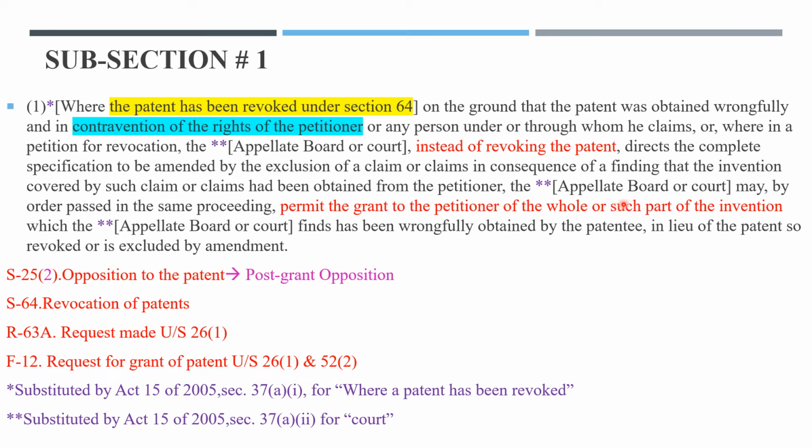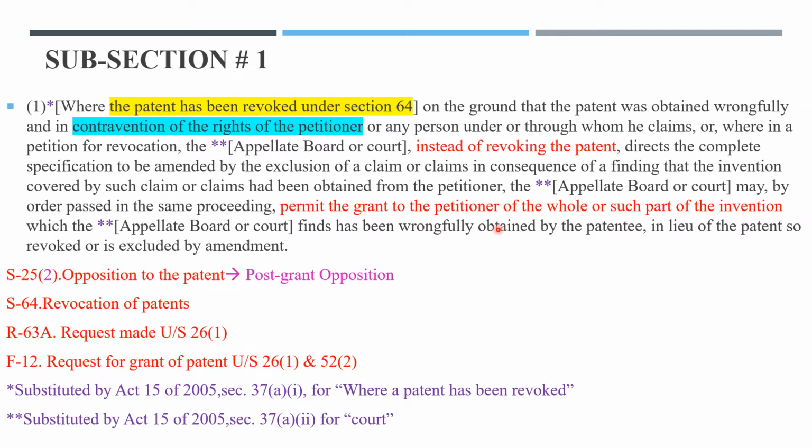Okay. So here the appellate board or the court may pass an order in the same proceeding permitting the grant to the petitioner of the whole or such part of the invention. That means in a way we can say that the deserving candidate here is the petitioner and he gets the permission. Okay.